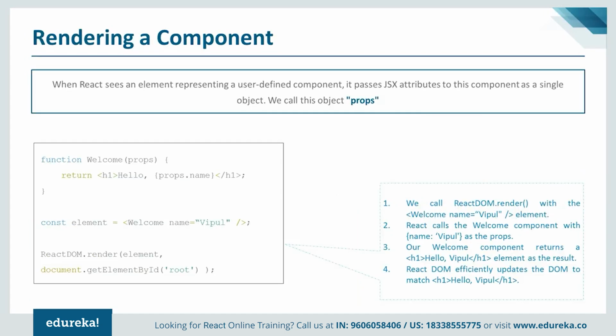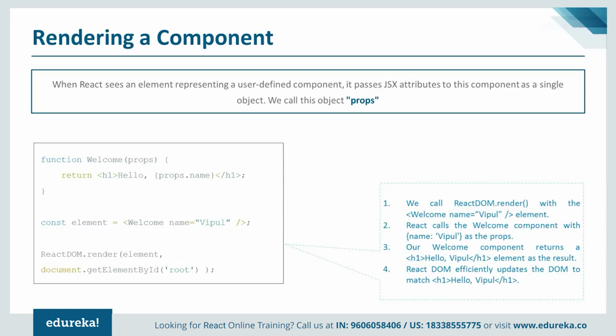Now, how do we render a component? When React sees an element representing a user-defined component, it passes the JSX attributes to this component in terms of props. First of all, we call the ReactDOM.render method with welcome name equal to, here you can see, Vipul. The name of the function is welcome.